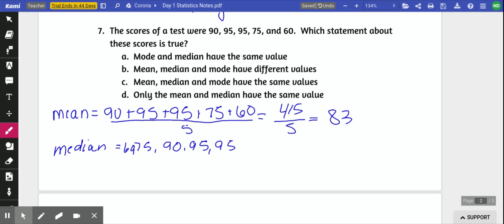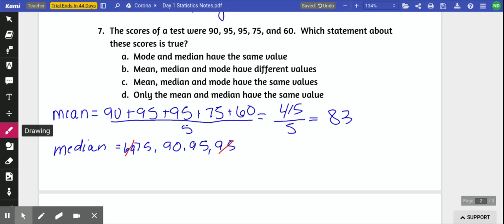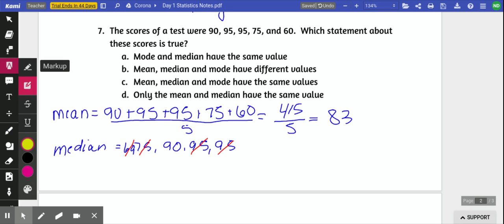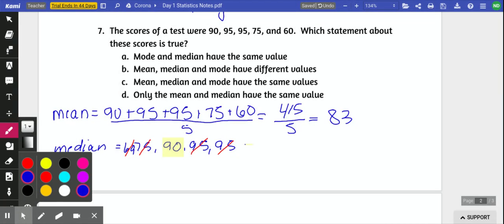Okay, then we're going to cross out as we go. So I cross out the 60, I cross out the 95. Again, I'm working my way in the middle. I cross out the 75 and I cross out the 95. I have one number in the center here, which is 90, which makes the median equivalent to 90.